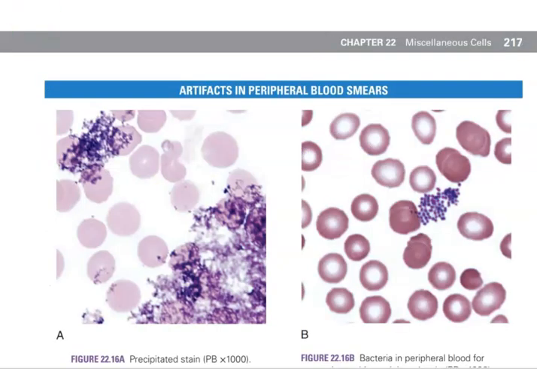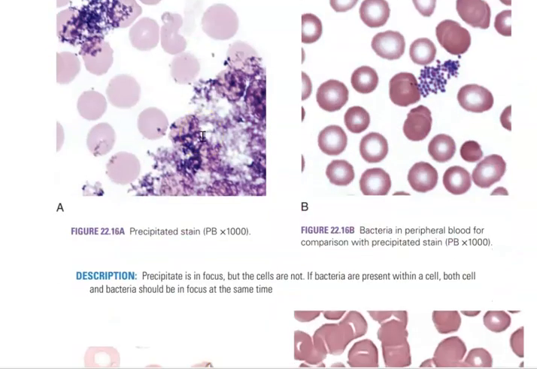Now, if you will, flip over to page 217 in your atlas. We're going to talk about some different artifacts that you can possibly see on the blood smear slides that you make to observe under the microscope. So let's look at figure A first. Figure A is looking at precipitant from your stain.